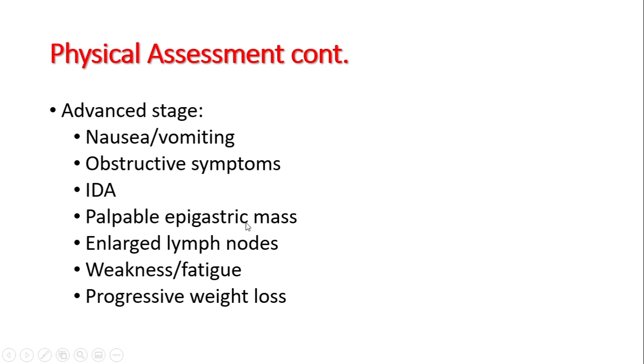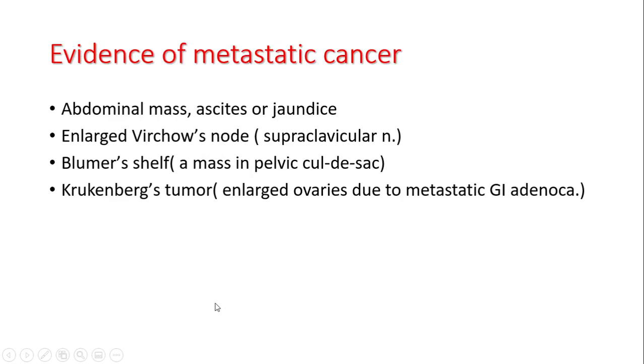anemia. A palpable epigastric mass is felt in the advancing stage, with enlarged lymph nodes, especially the supraclavicular lymph node, and weakness and fatigue and progressive weight loss again, abdominal mass, ascites due to infiltration or peritoneal deposits, jaundice due to liver metastasis.